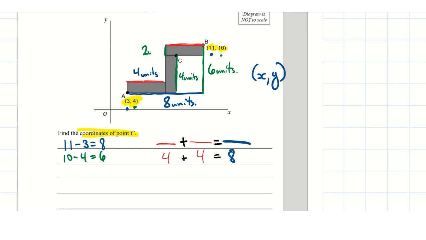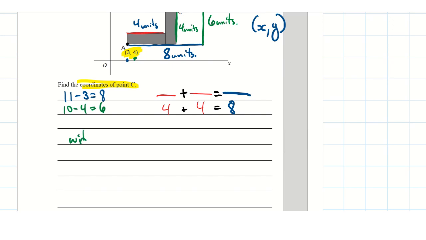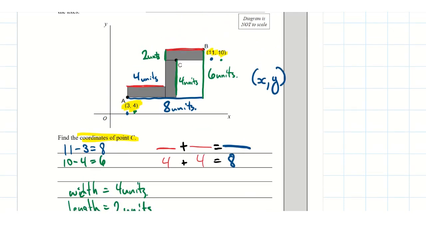So this is going to be 2 units. So the width of all of my rectangles is 4 units, and the length is 2 units. I'm going to get rid of some of this information because it's going to make it difficult to see what's going on underneath.